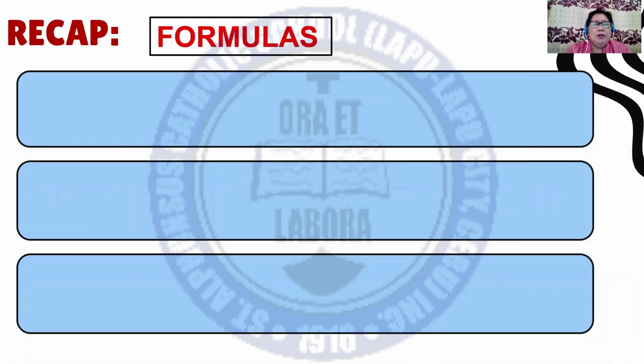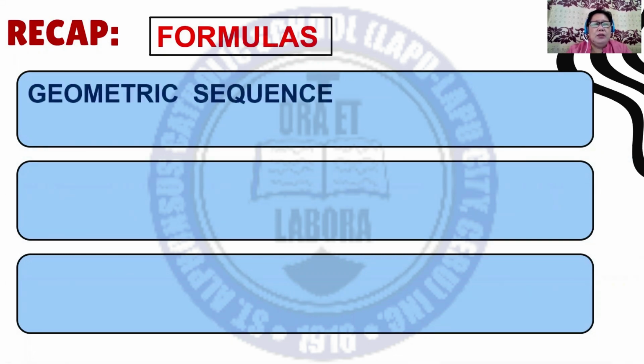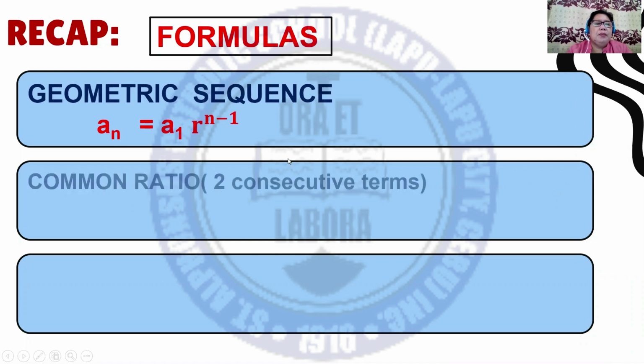So the three formulas we have for the geometric sequence: you will have a sub n is equal to a sub 1 times r raised to exponent n minus 1 if you want to solve for the nth term. And then for the common ratio, using two consecutive terms, you can find the common ratio with this formula: r is equal to a sub n over a sub n minus 1.